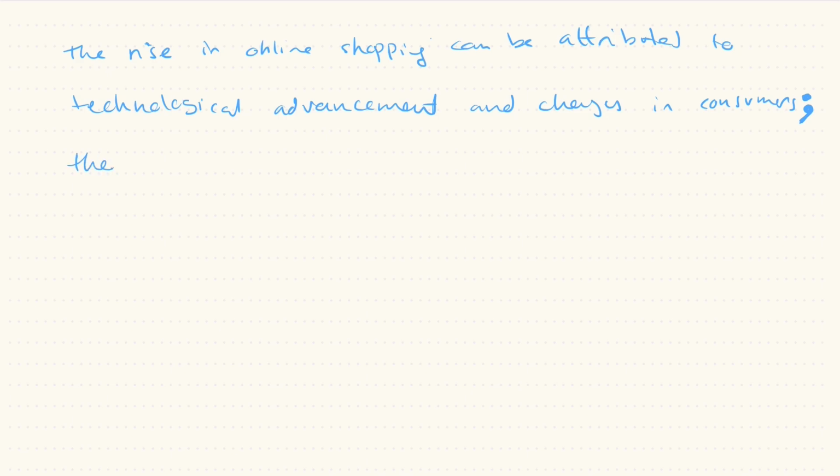Here we use a transition word: we transition with therefore, making it clear that now we are talking about the effects. First we talk about the cause, we use therefore, and we continue the sentence.